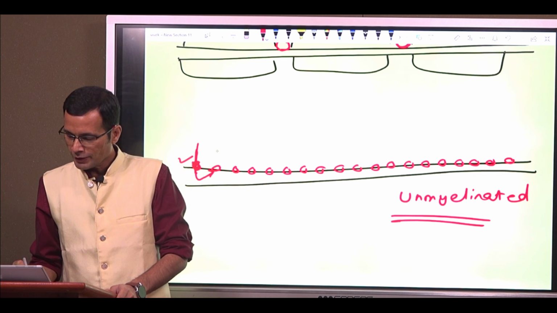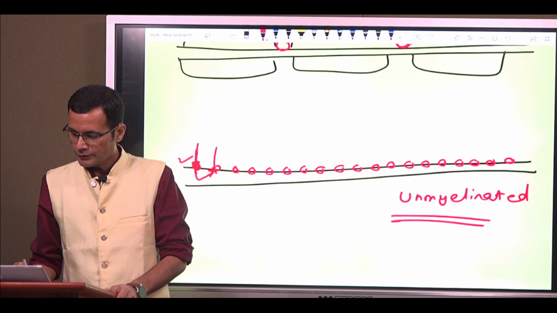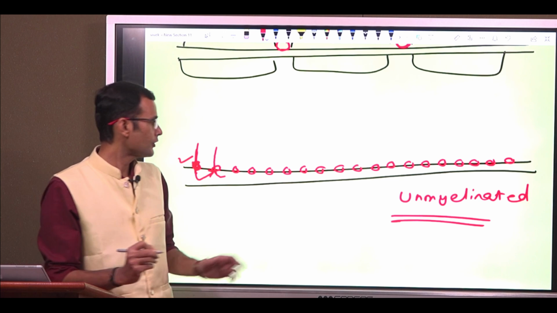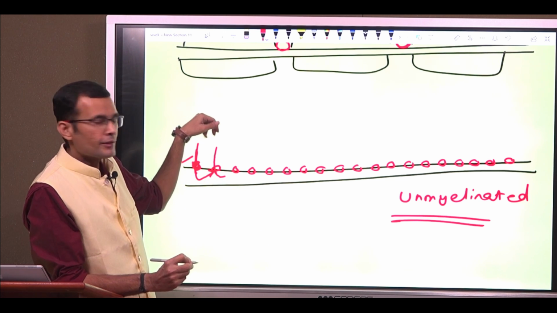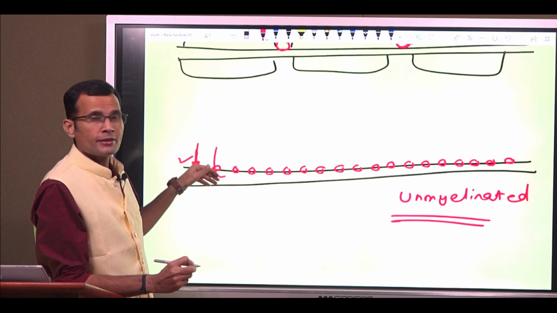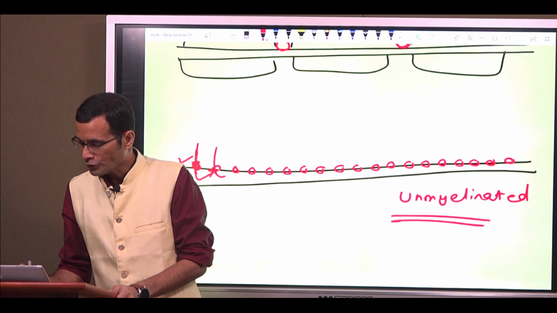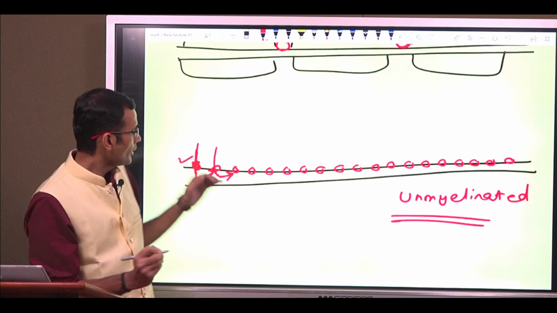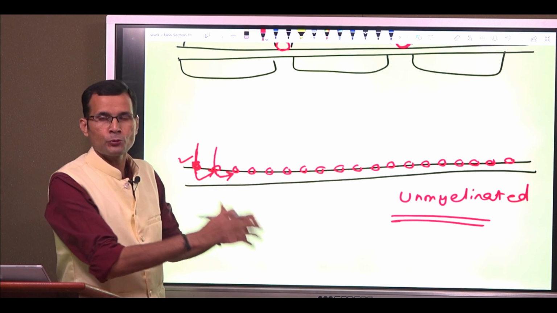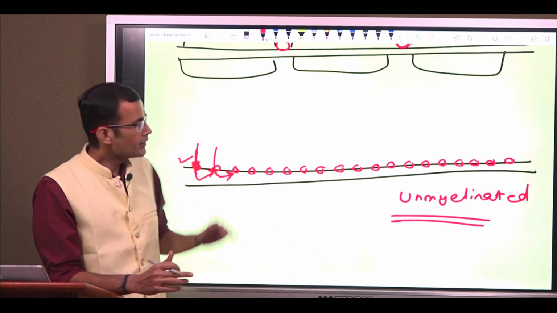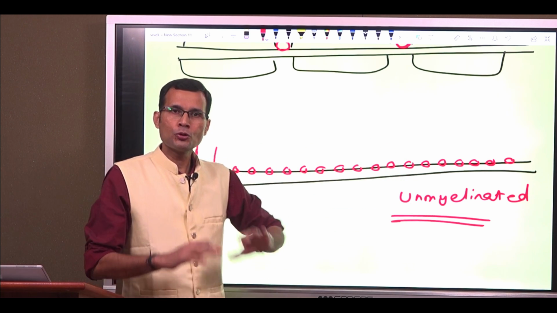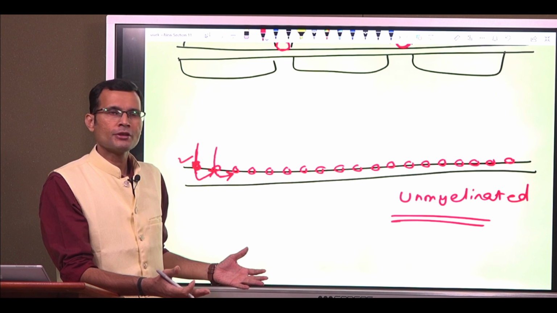So now sodium channels open there, and that point bursts into action potential, the depolarization, and sodium and positive charges have come in. Those positive charges will go to the next adjacent point where the sodium channels are located, and this will go on happening. So it's a self-regenerative process.